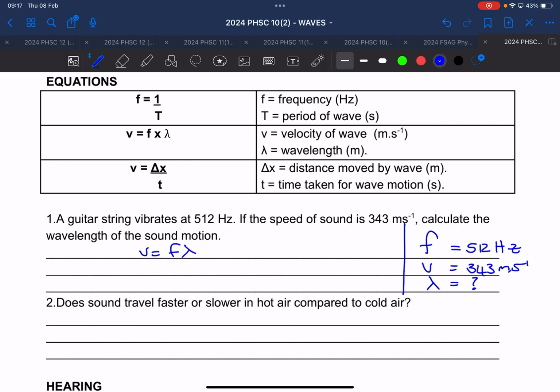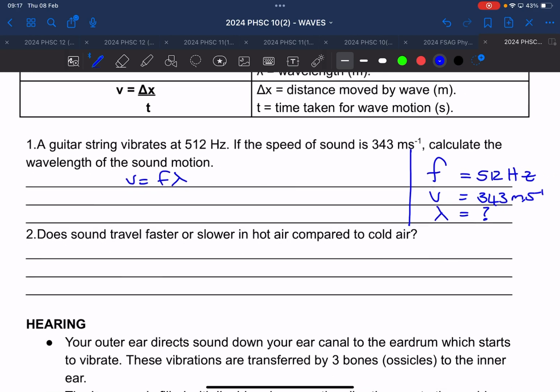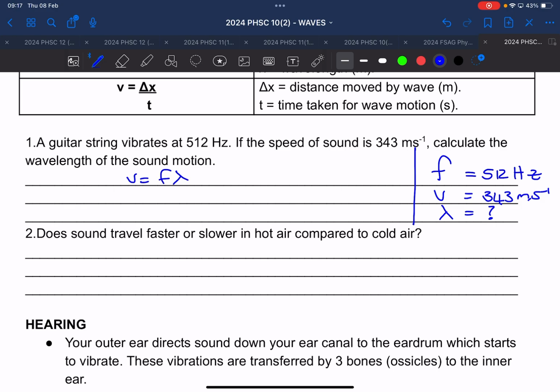Now you always write down a formula exactly like it is given on the data sheet. Then you substitute your values. And then only do you rearrange. I want lambda. So what am I going to do with that 512? You are going to divide.